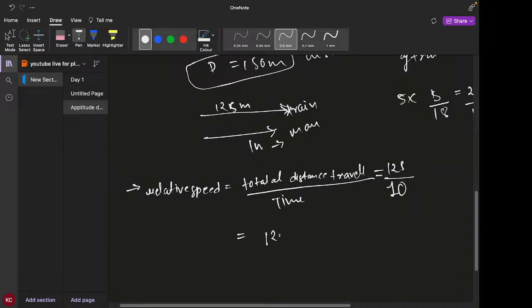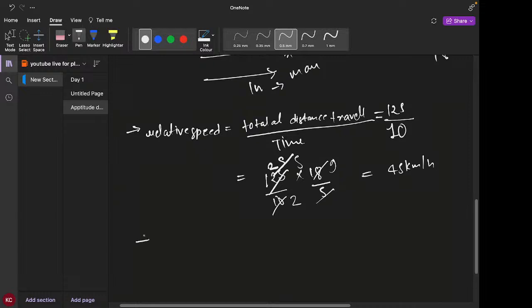No, I don't have to convert it. So let me convert it into kilometer per hour. 10 into 18 by 5, 25, and if I do it, 2 times, 9 times, and this is 5 times, that is 45 kilometer per hour. That is the relative speed.